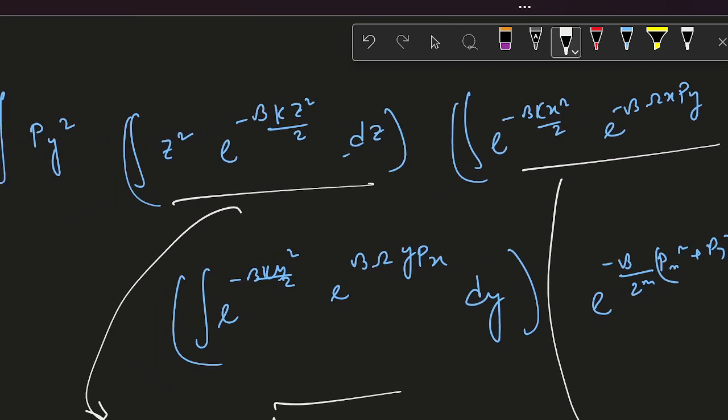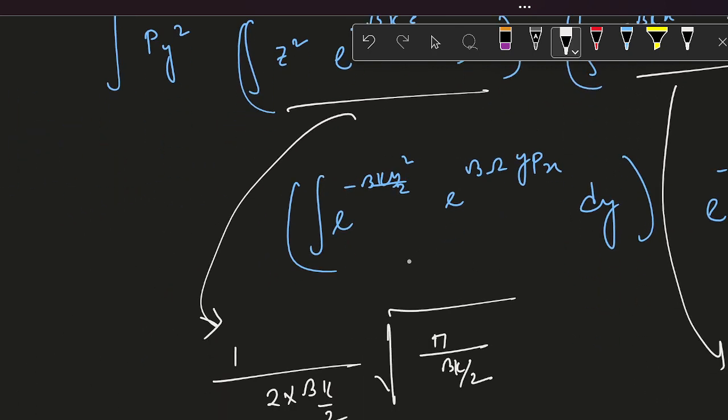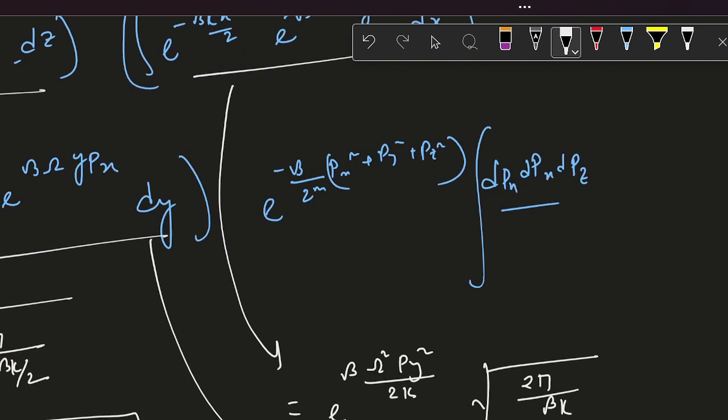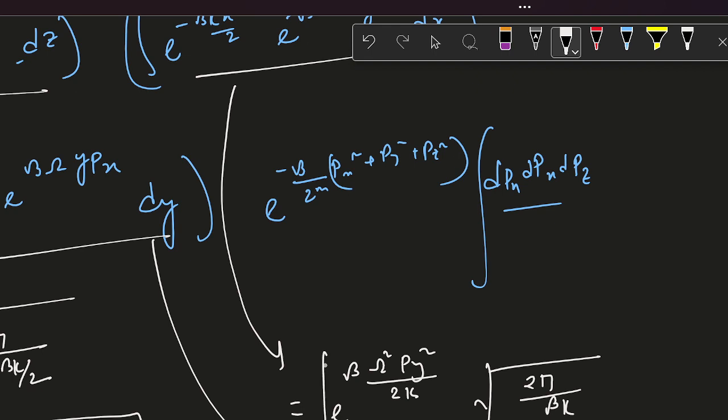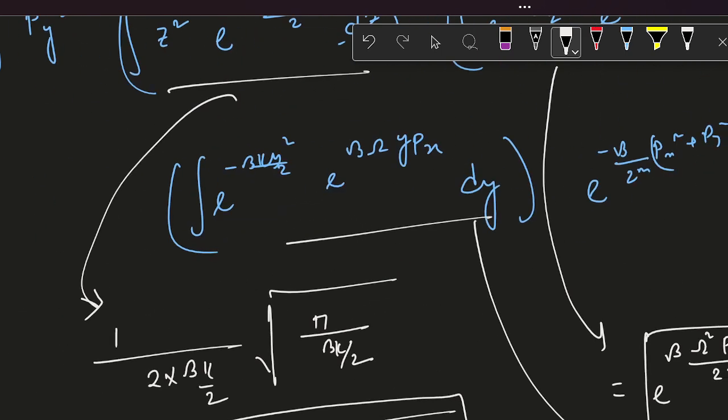And for the dy case, again the same thing. Let me box it out. So this is from the dz solution, this one here from the dx integral part, and for the dy part you have the same thing, a similar approach, only e to the power of beta omega squared px squared by twice k into root over 2 pi by beta k.